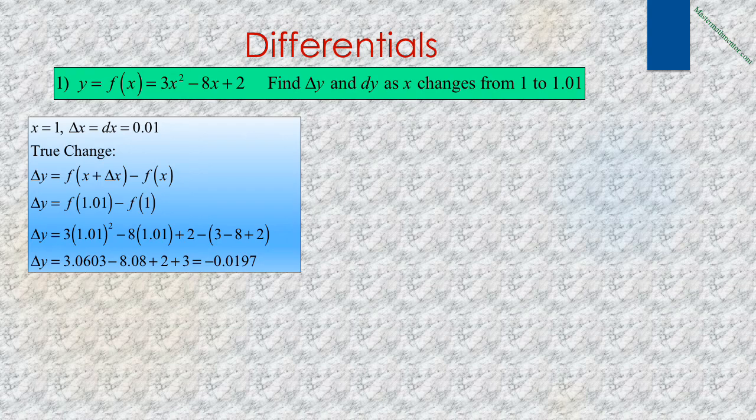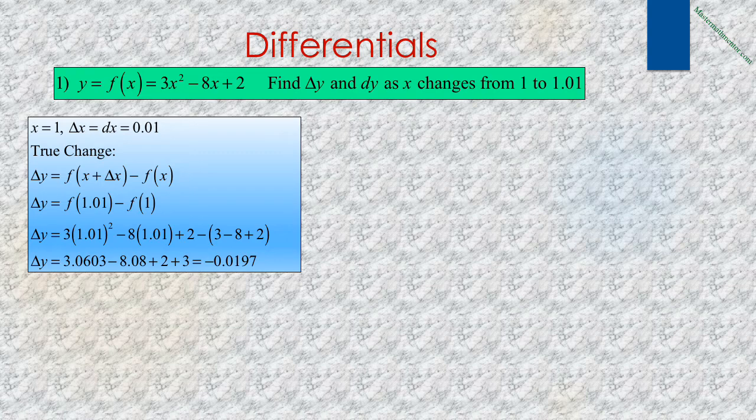So the true change is delta y, which is f of x plus delta x minus f of x, which gives us f of 1.01 minus f of 1. Plugging in, we get 3 times 1.01 squared minus 8 times 1.01 plus 2 minus the quantity 3 minus 8 plus 2. Now, this calculation is not that difficult to do, even without a calculator, but it does involve some arithmetic.